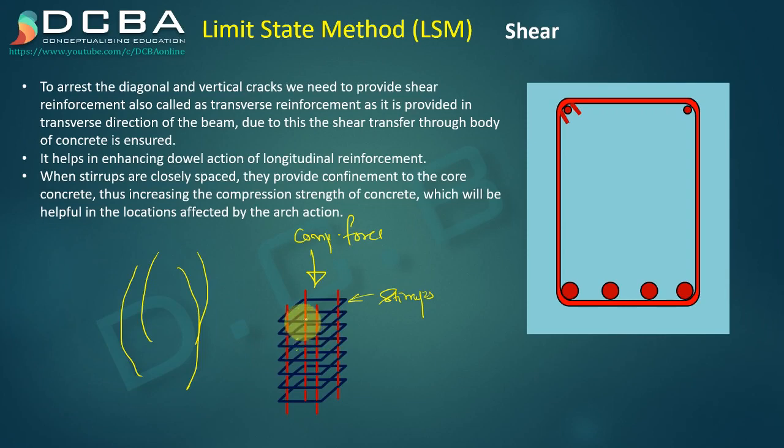But because they are provided, they will hold these reinforcements together, and there will be a very strong core formed inside the concrete. So this is that core which the shear reinforcement confines, and the shear stirrups will provide confinement to it.